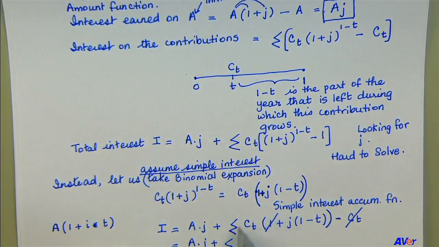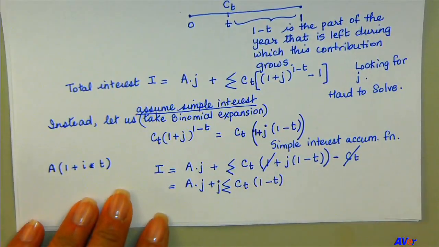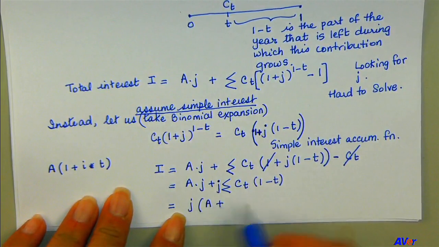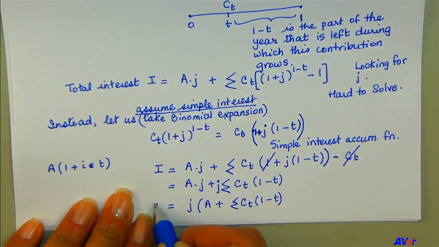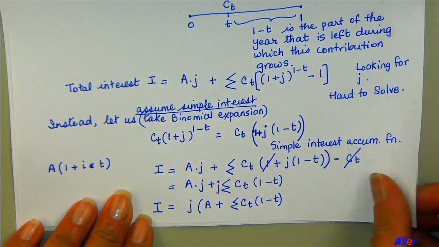Let's pull the J out of the summation, because J is not in there. So pull this J out, and then you have CT 1 minus T. And then let me factor out the J. J, A plus summation CT 1 minus T equals I. So I'm interested in the yield rate.